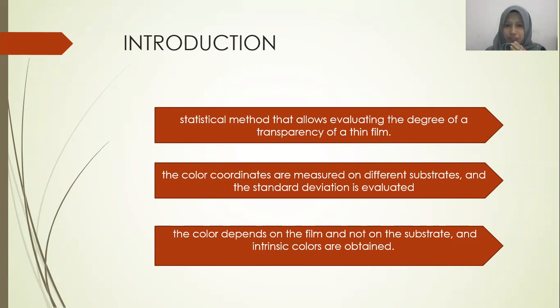The color coordinates are measured on different substrates such as silicon, glass and steel, and the standard deviation will be evaluated. At low values, the color depends on the film and not on the substrate, and intrinsic colors are obtained.